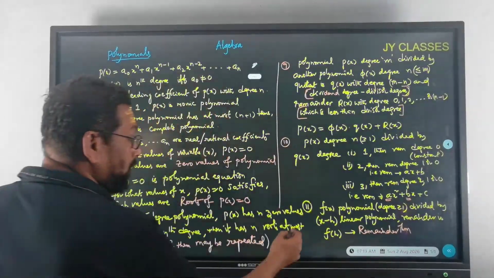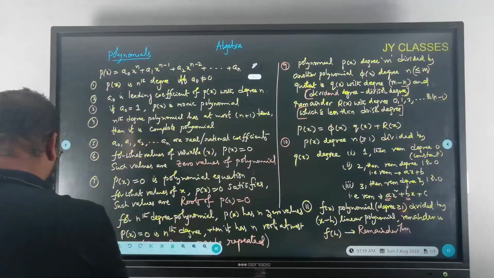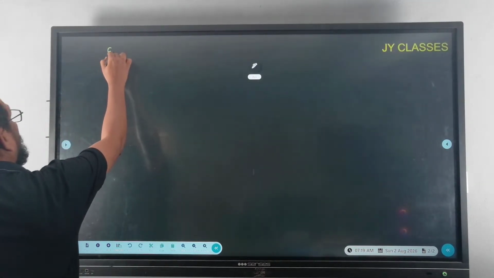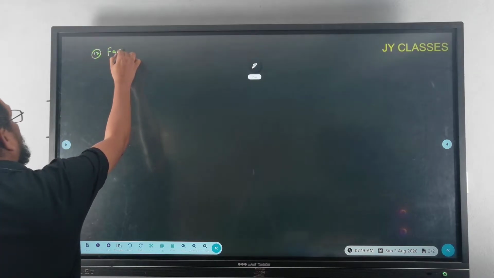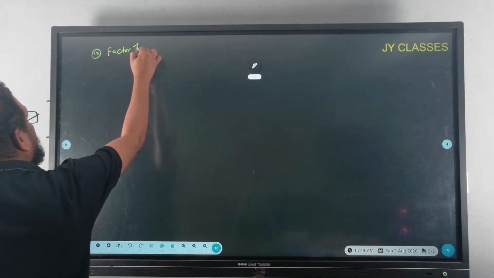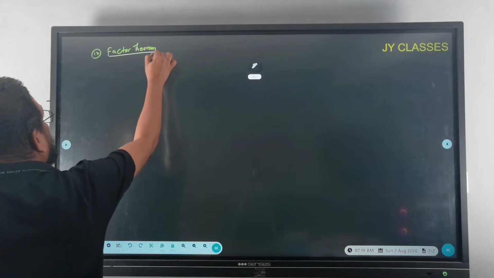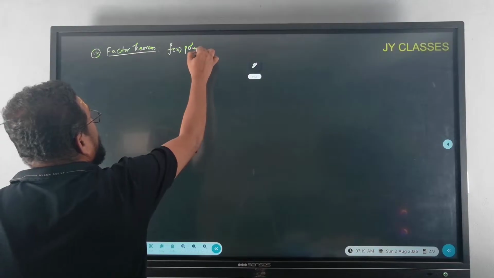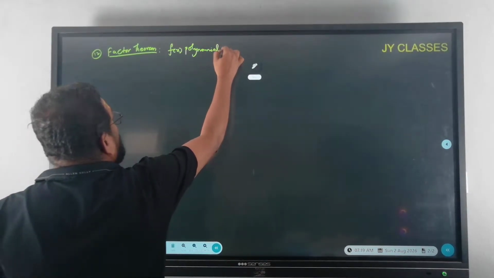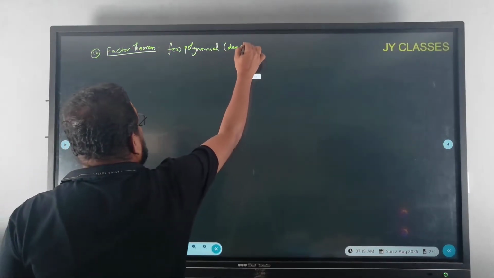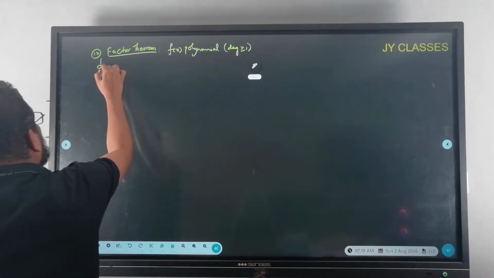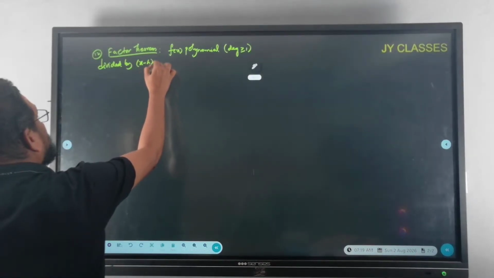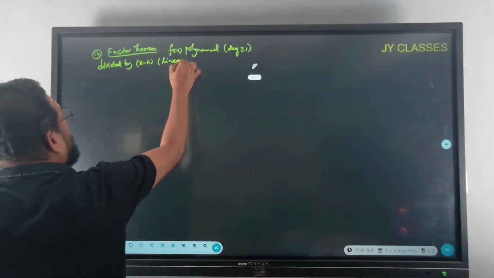Right. So remainder theorem completed. Now we'll see factor theorem. F of x, polynomial of degree greater than or equal to 1, divided by x minus h, that is a linear polynomial.